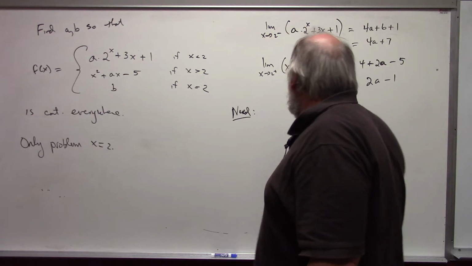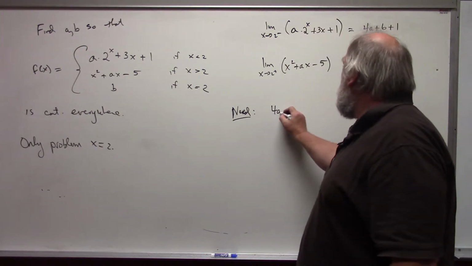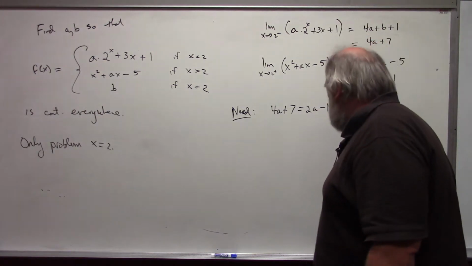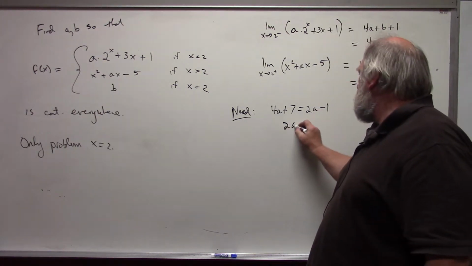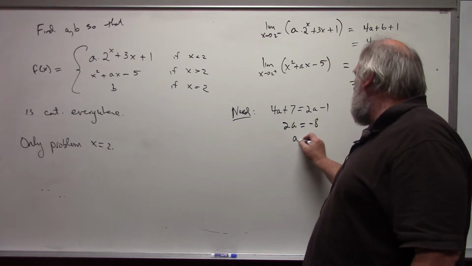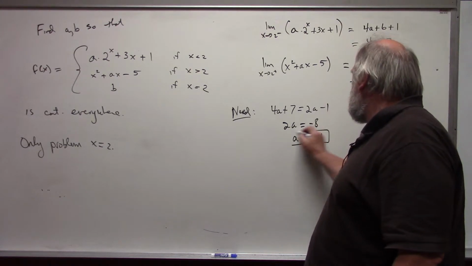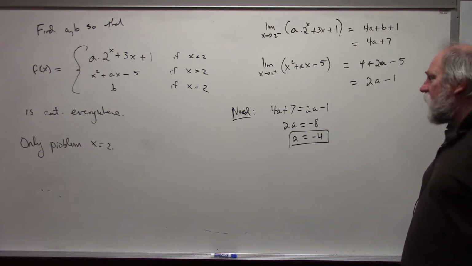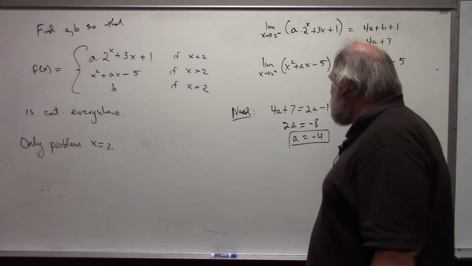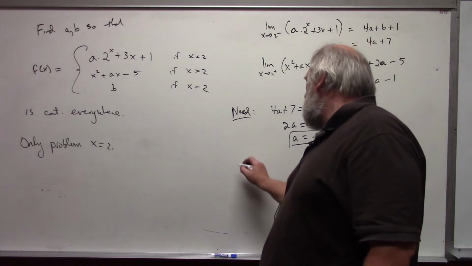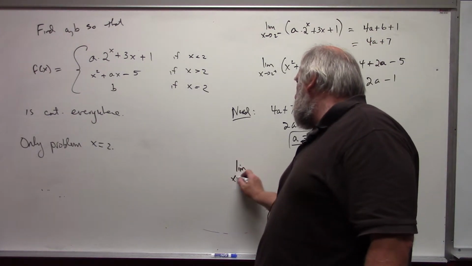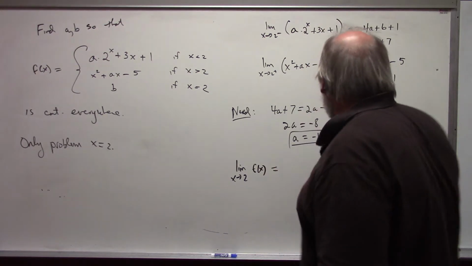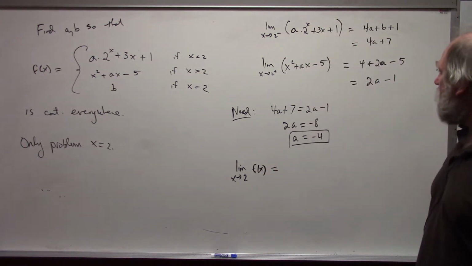To be continuous, we need 4a plus 7 to equal 2a minus 1, which means 2a is equal to negative 8, so a would equal negative 4. That being said, then the limit as x approaches 2 of f of x, we can put in a equals -4 in either one of these.